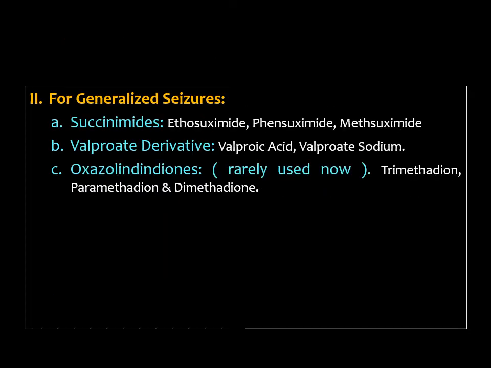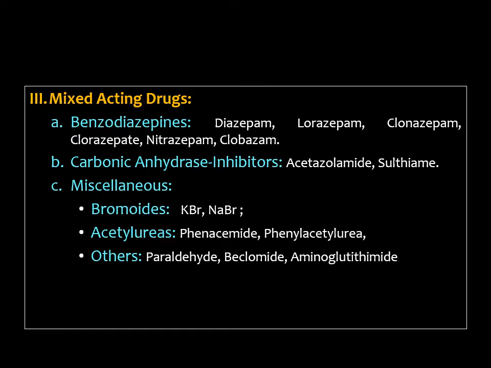Then those only useful for generalized seizures: usually succinimides, ethosuximide and other related salts, valproate derivatives like valproic acid and its salts, and oxazolidinediones, but this group is rarely used, trimethadione, etc. And the mixed acting drugs involving benzodiazepines like diazepam, lorazepam, clonazepam, etc., and the carbonic anhydrase inhibitor acetazolamide.